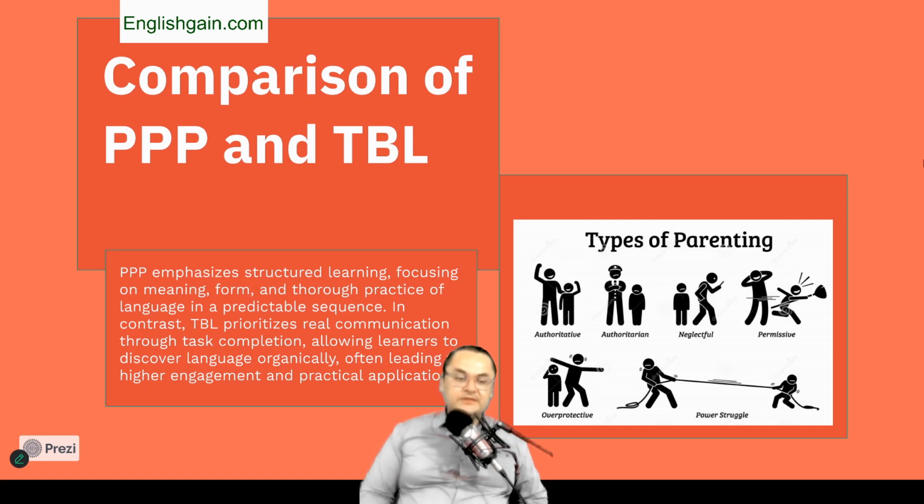In contrast, TBL prioritizes real communication through task completion, allowing learners to discover language organically, often leading to higher engagement and practical application. Let's think about this for a while.